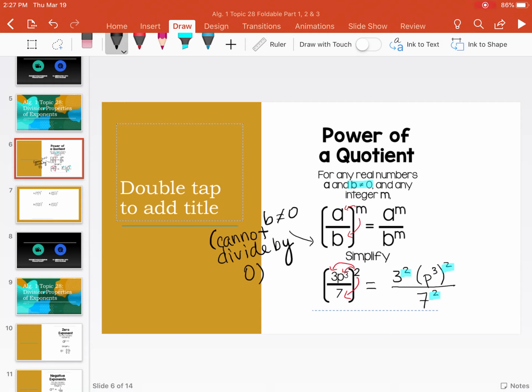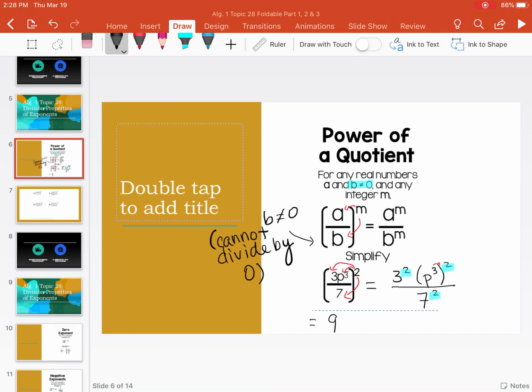Then what we want to do is simplify. We know that 3 squared gives us 9. Now if we have p cubed raised to the second, again, when we have a power to a power, we're going to multiply.